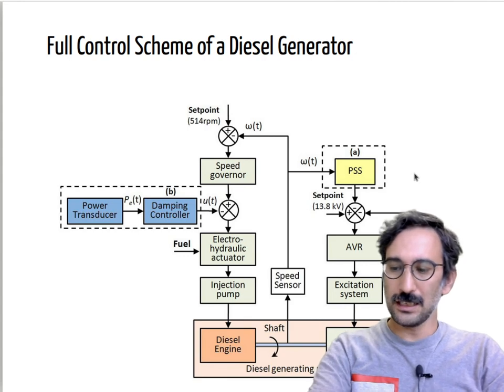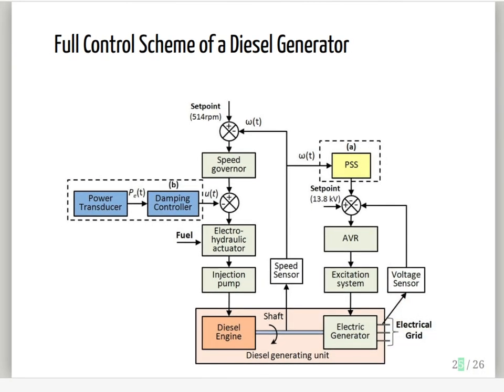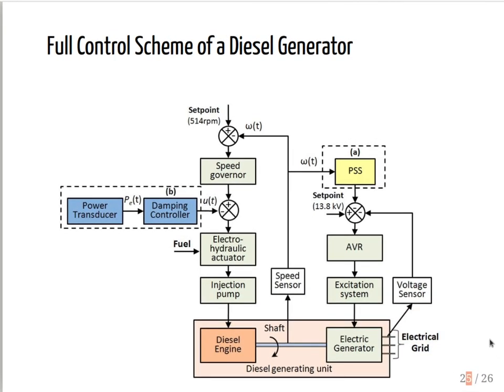So at the end of the day, if you look at the whole system, it is something like this. Let's start from the electrical generator. It generates three-phase voltages and currents. You have a voltage sensor and you regulate that one.